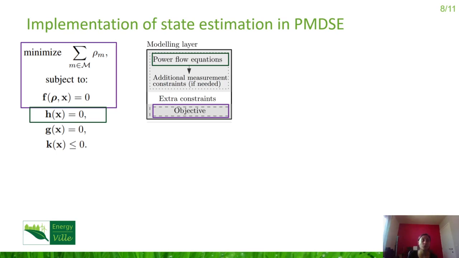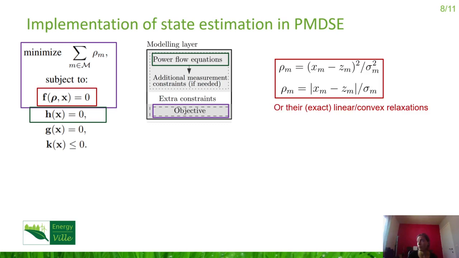And the measurement residuals can take different forms as described by equations F. For instance, two popular ways to perform state estimation are by minimizing the weighted least squares of the residuals or the absolute least values of the residuals. So since we are in an optimization context, we can also replace these constraints by their exact linear and convex relaxation, or also use other objectives.